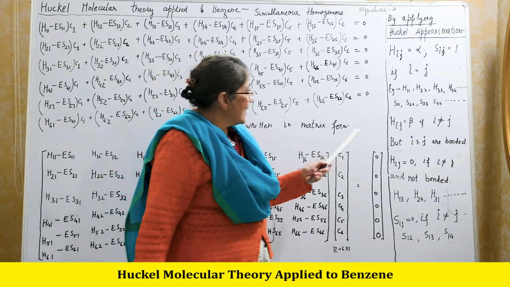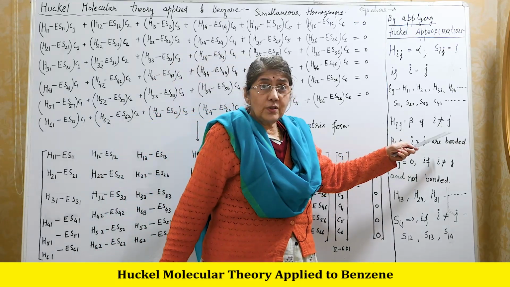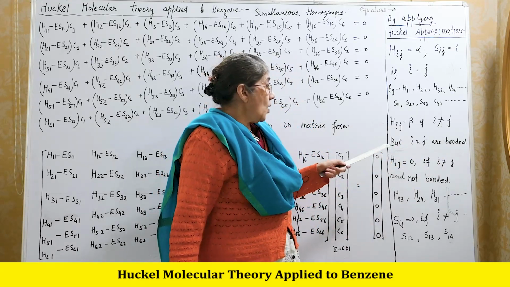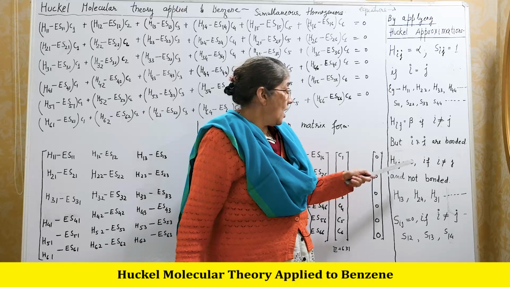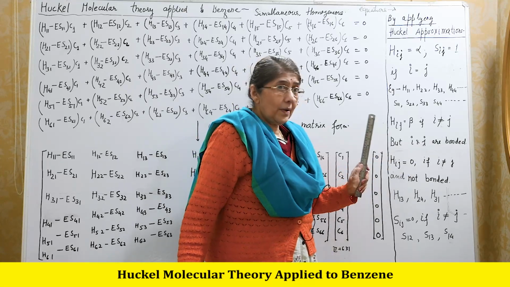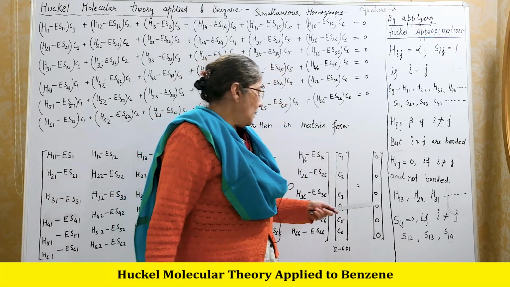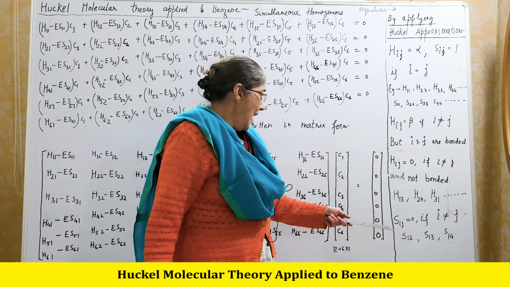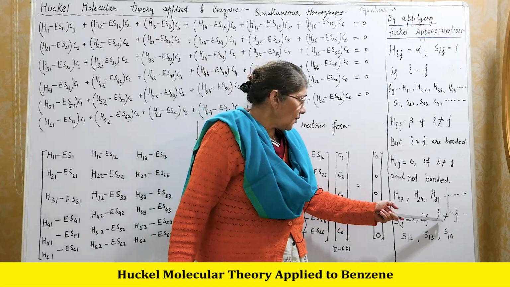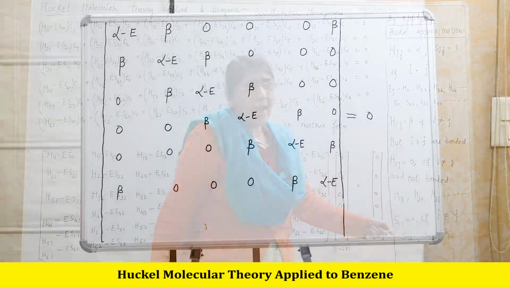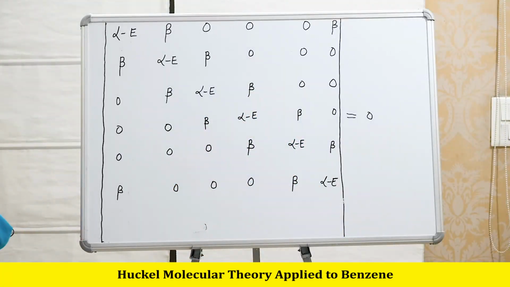Hij is beta if i is not equal to j but i and j are bonded. If i and j are not bonded, then Hij is 0. For example, H13, H24 are not bonded. Similarly, Sij is equal to 0 if i is not equal to j, like S12, S13 and S14.